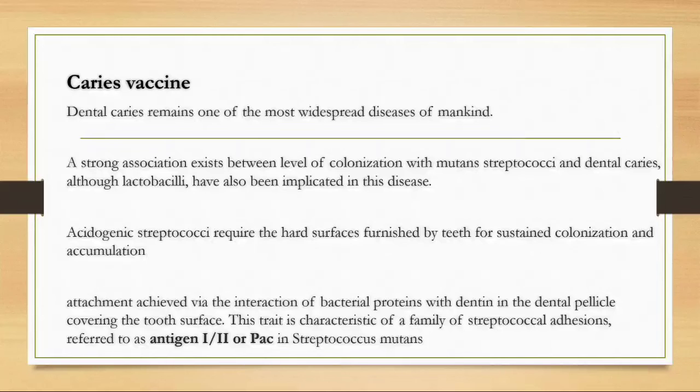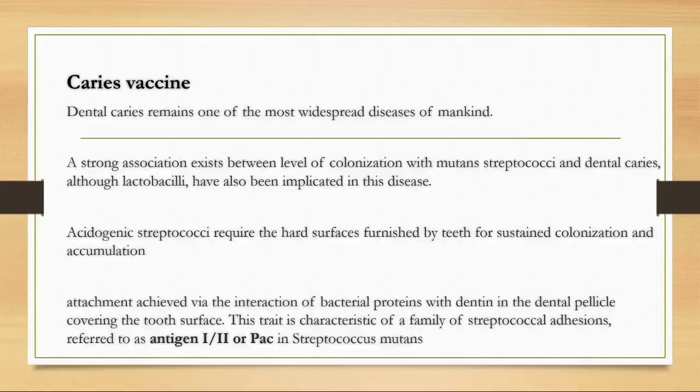For a caries vaccine, there should be a strong association between colonization and mutans streptococci, and we are focusing, as I said, only on streptococci. So we are thinking of its protein. Somewhere we need to interrupt the process of dental pellicle formation, or interfere with proteins or their adhesion.